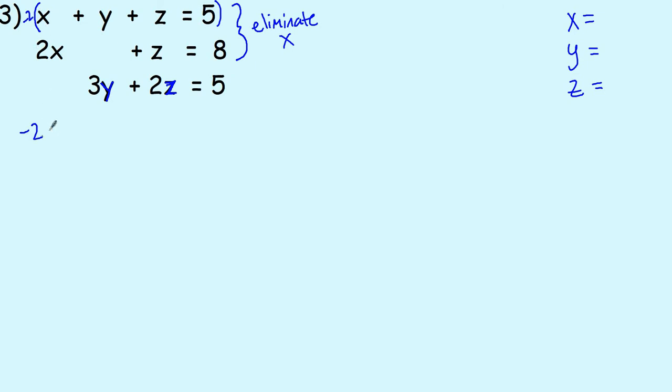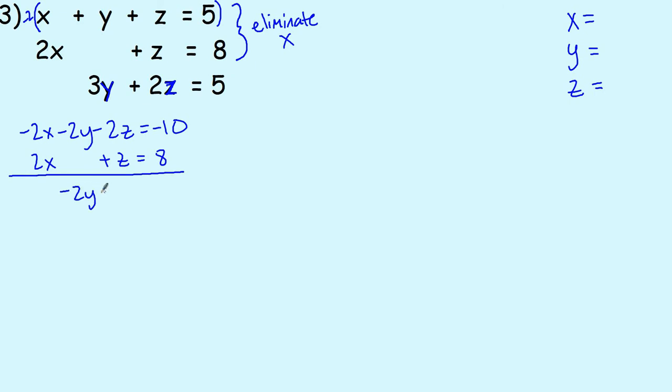So we get negative 2x minus 2y minus 2z equals negative 10. The middle equation we leave alone. And now when we add them, we get negative 2y minus z equals negative 2. Now we have an equation with just y and z.